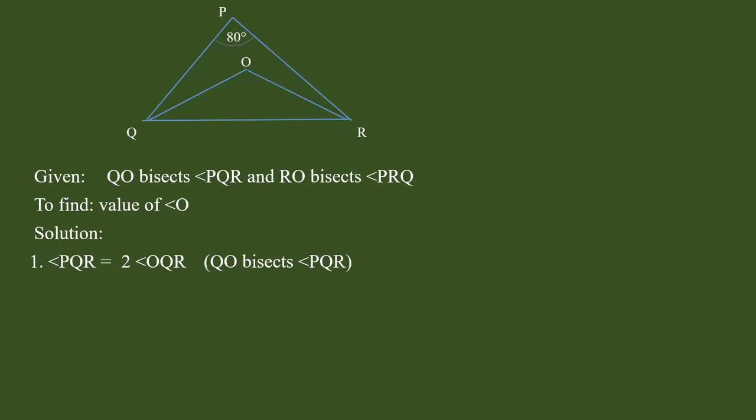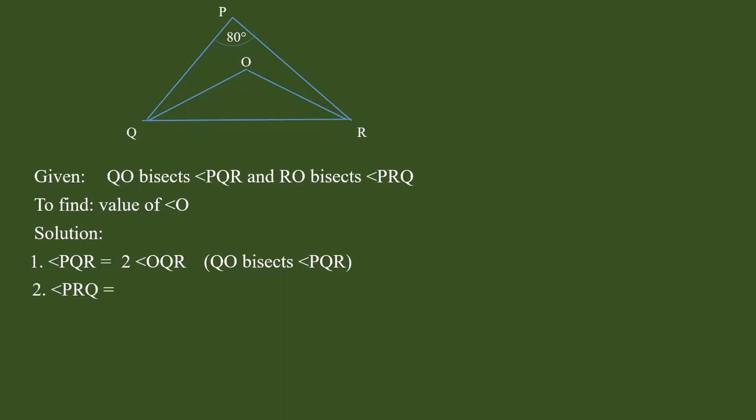Can I take twice PQO also? Obviously, that is also true. But here we are not taking twice angle PQO because angle PQO is not required in order to find the value of O. In order to find the value of O, we need angle OQR. That's why we express PQR as twice OQR, not twice PQO. I hope it's clear. Okay, let's go to the next one.